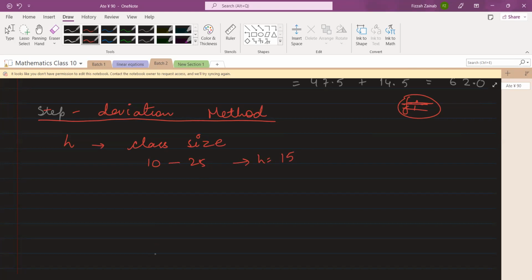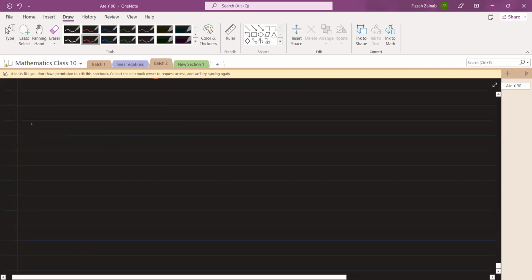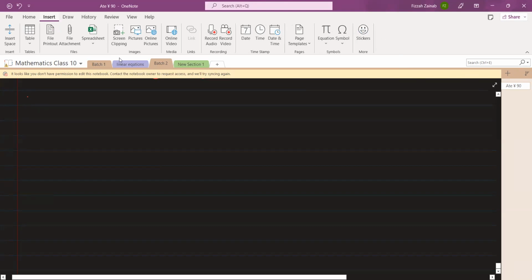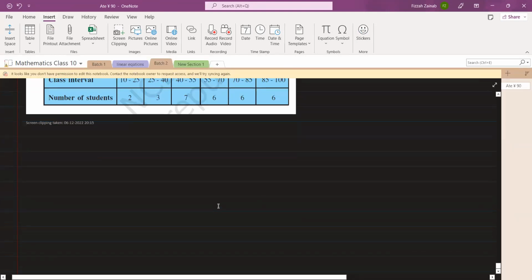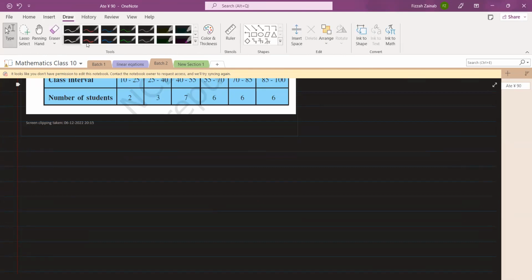So same example I'm using so that it becomes understood here, and we will not need to repeat all the calculations also. So let me just quickly write whatever we have.